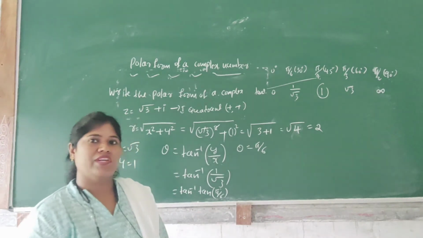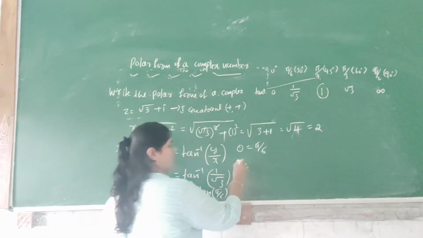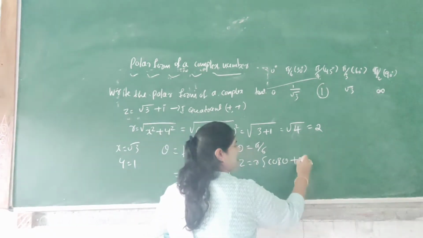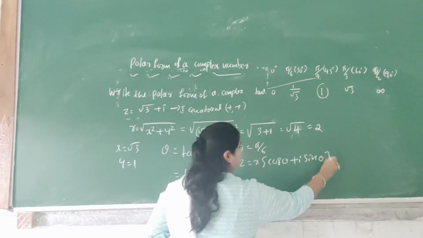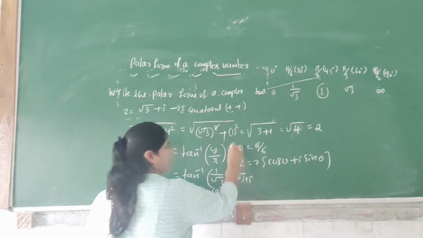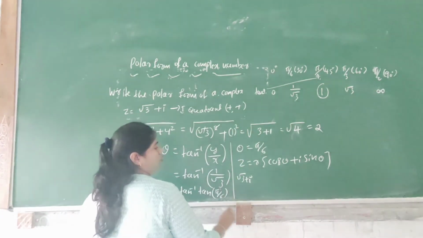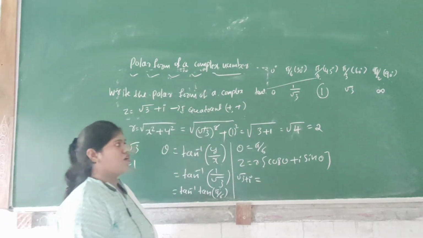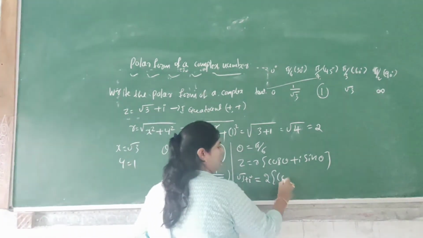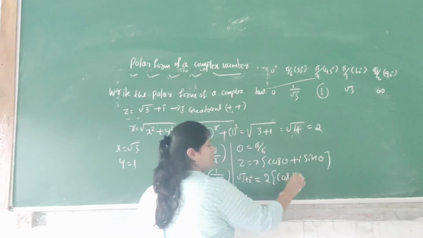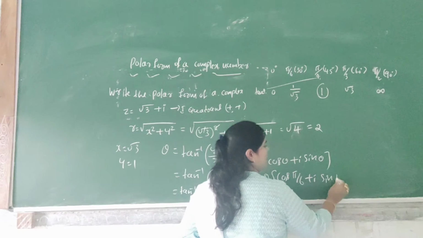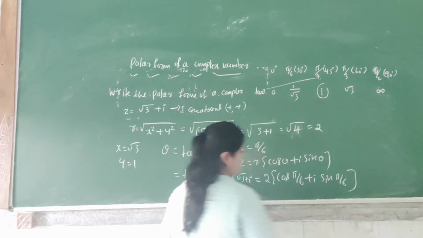What is the polar form of the complex number? z is equal to r of cos theta plus i sin theta. Here z is root 3 plus i, and the r value we have got is 2. So it is 2 of cos pi by 6 plus i sin pi by 6.